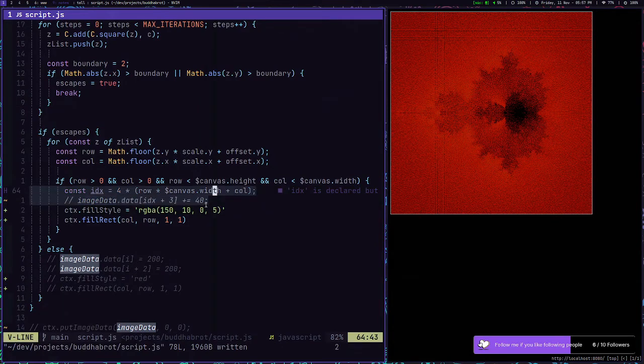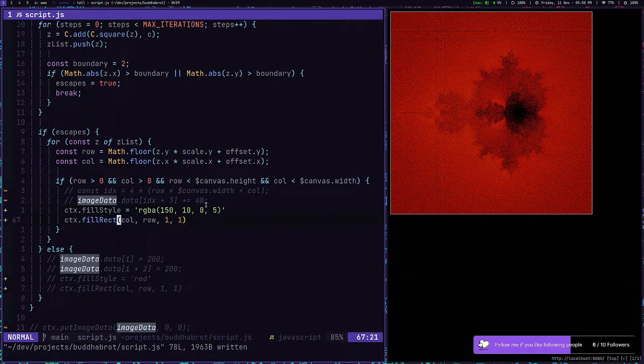How do we achieve something like this? Let's comment this out. I feel like that was the issue. The index that we were calculating here, I feel like there was something wrong with it. I can't figure out what, but this seems to be the right way to do it. And it's symmetric, which is a plus.